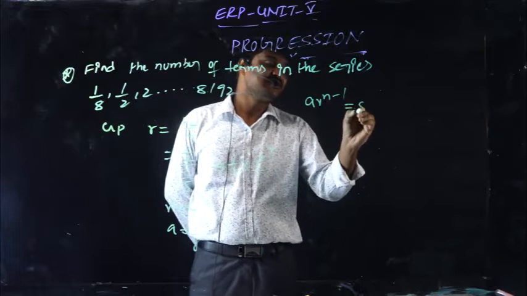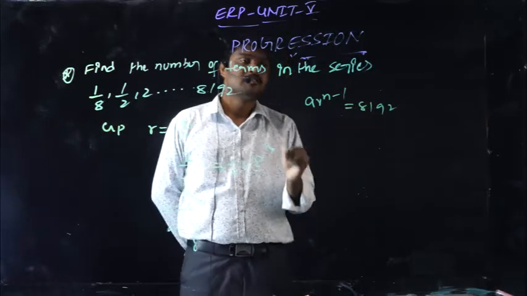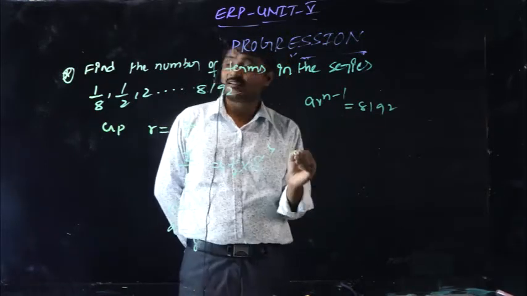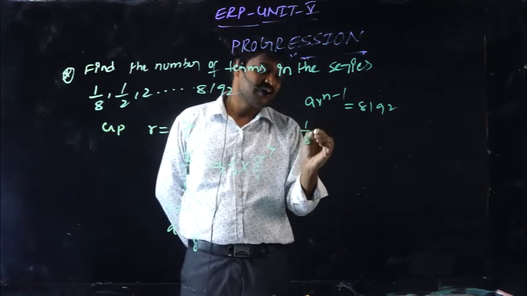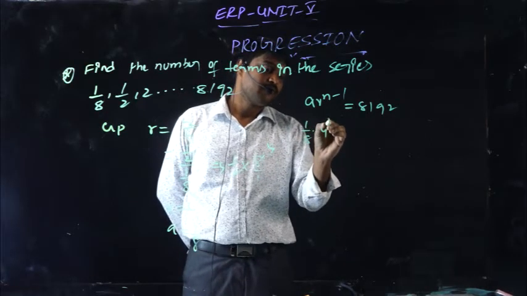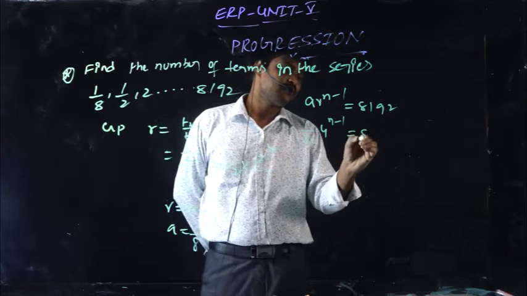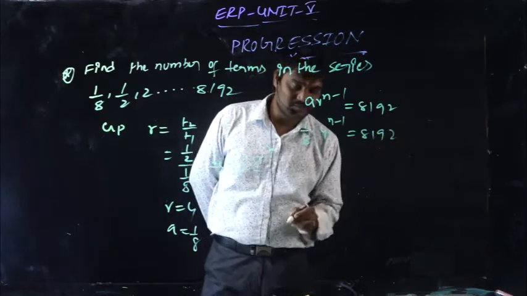So here this is 8192. Here a equal to 1 by 8, r equal to 4, and the nth term, 4 power n minus 1, equal to 8192.